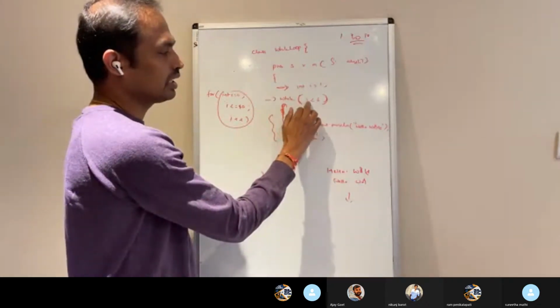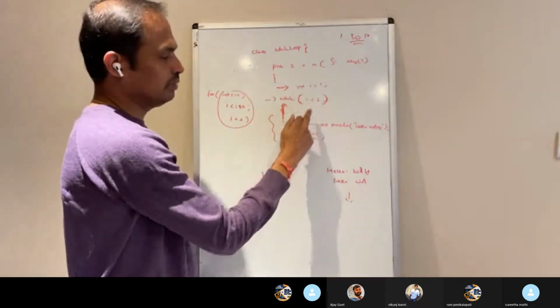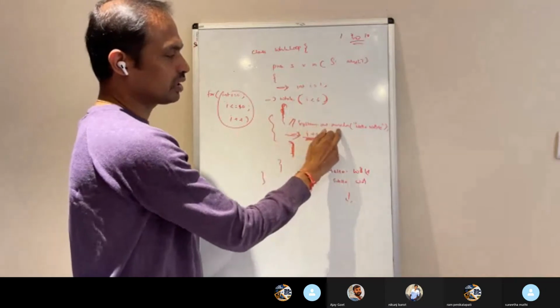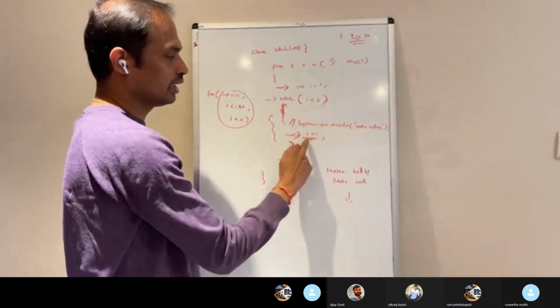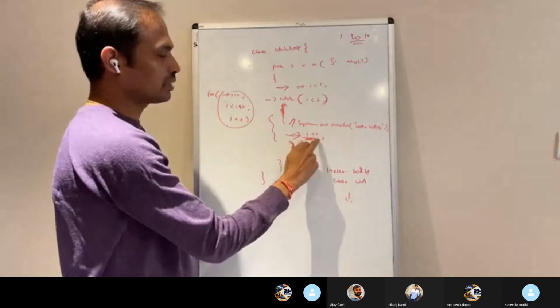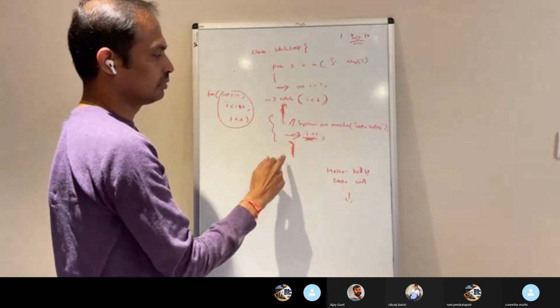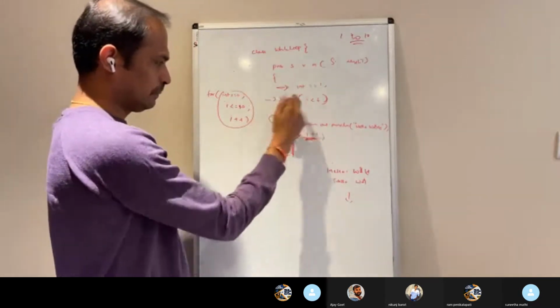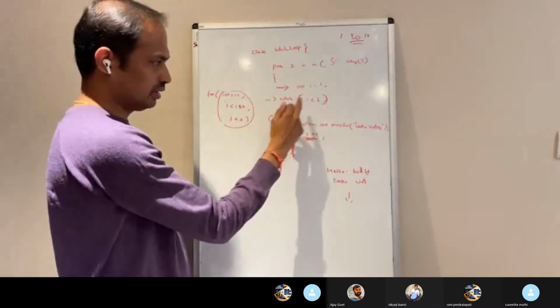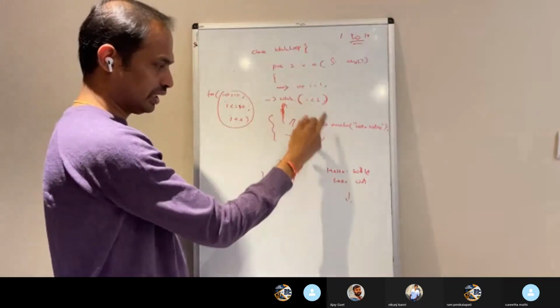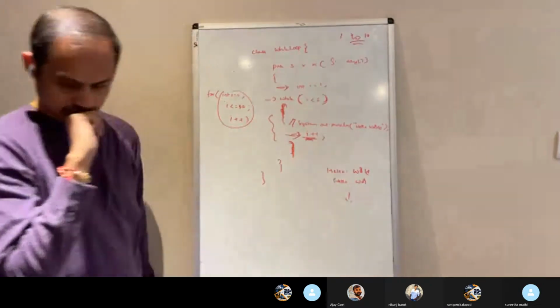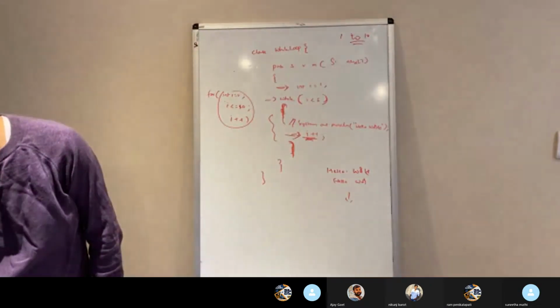It should be i less than 6. Then I need to print System.out.println hello world. Then I need to increment, i plus plus, then close the loop. So it will loop 5 times. It will check 6 times, but the sixth condition will fail and exit. Any doubt?